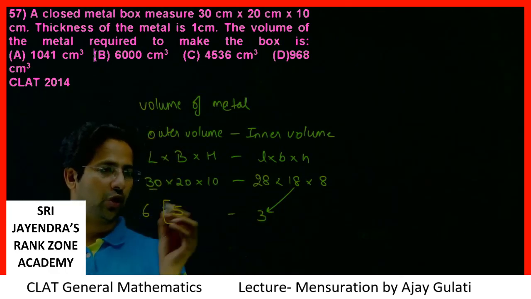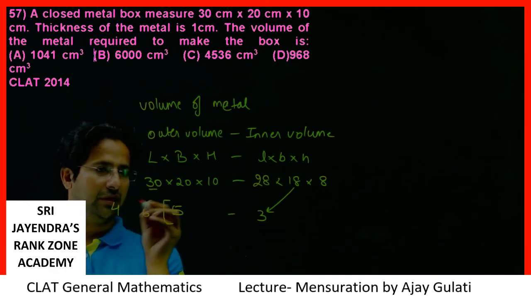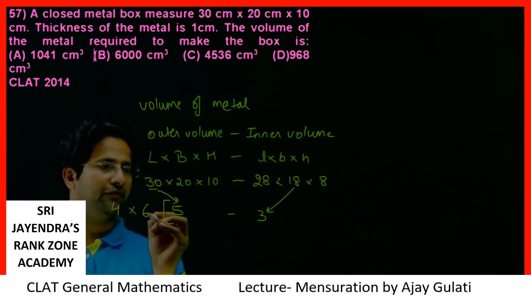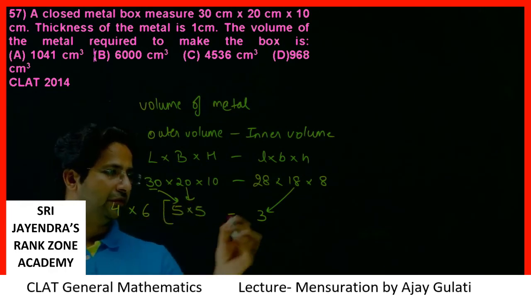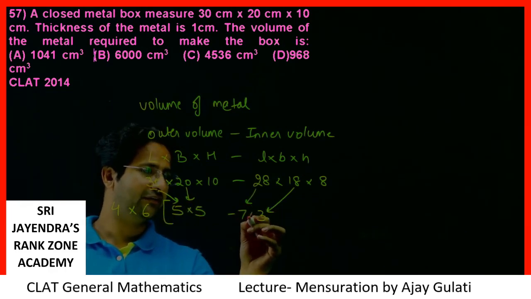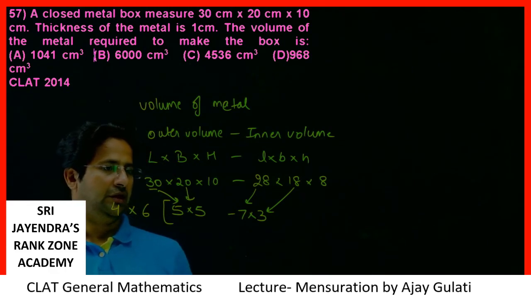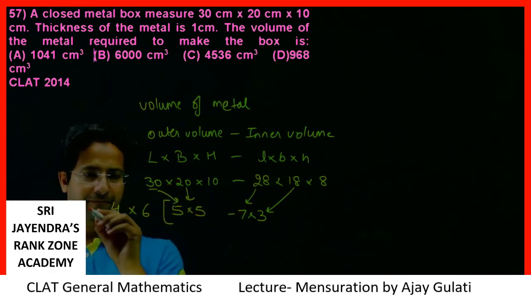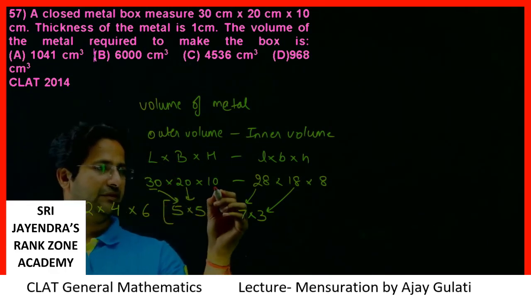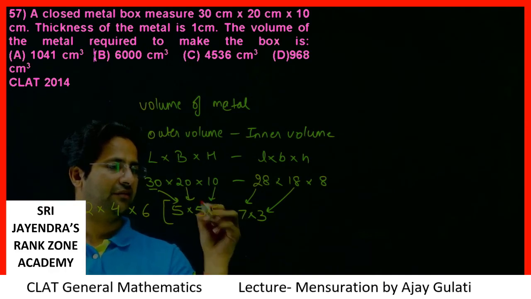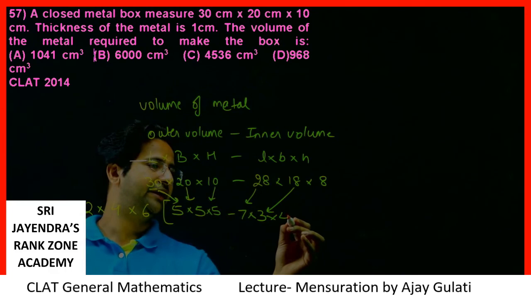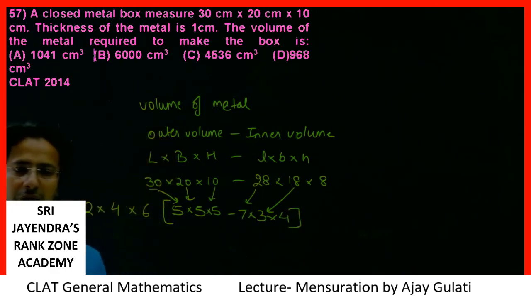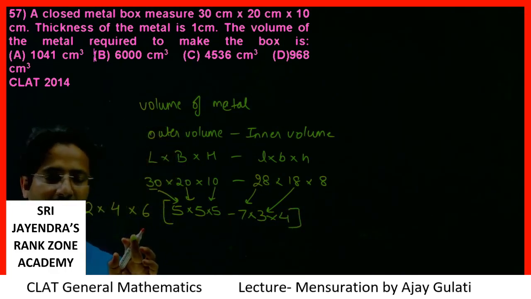If I take 4 common, I'll write this as 5 and this as 7. If I take further 2 common, this I will write as 5 and this as 4. Now the calculation becomes a bit easy.